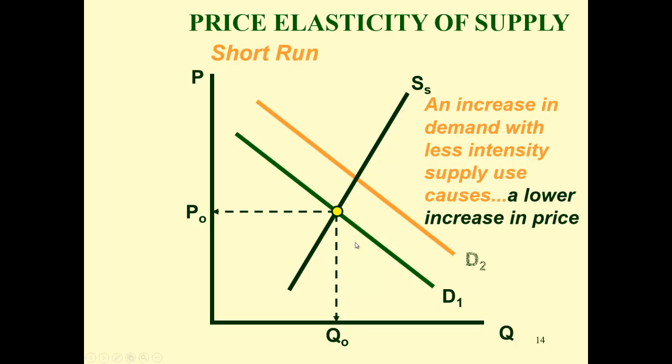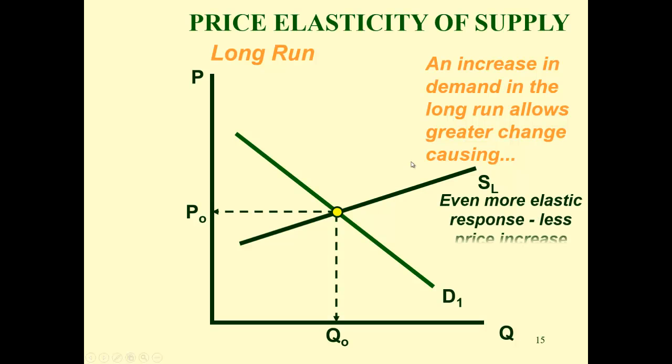Then you have the short-run period. Short-run period means an increase in demand with less intensity of supply use. That causes a lower increase in price. You have a very short time to supply more if demand goes up, but you don't have lots of time. Then you have the long-run period.